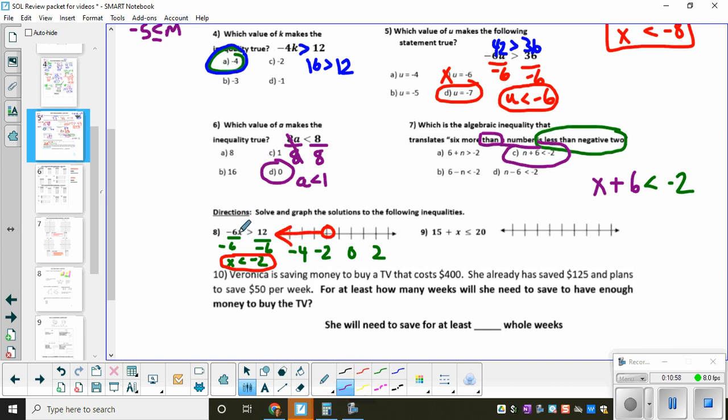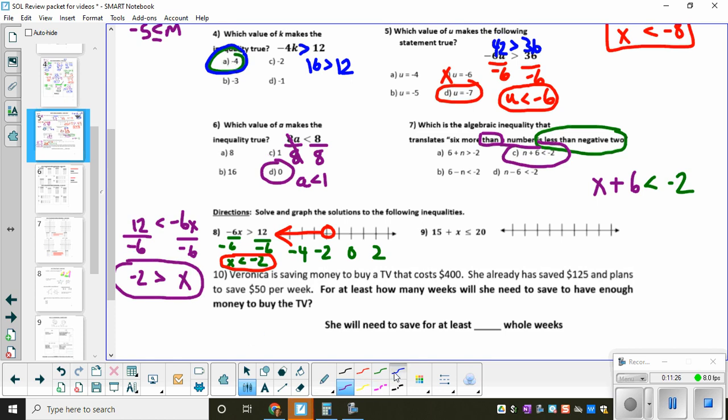Friendly reminder that from the beginning, I could have given you this problem with the 12 on this side, and then I could have put the negative 6 over here. And then I would have had the alligator symbol eating the negative 6 like that. So if we were to solve this problem, when we divide by that negative right there, you still got a negative 2 for your number line, and you still have x, and you still flip the symbol. But just be very careful if when you solve it, the variable is on the other side.